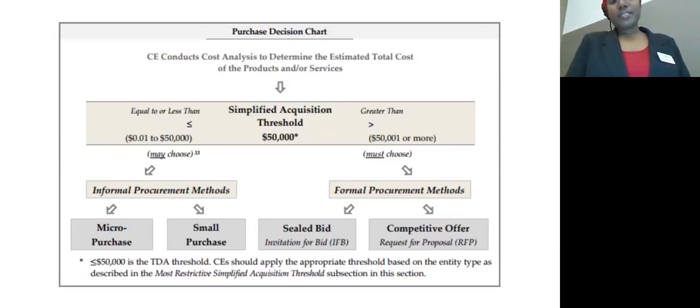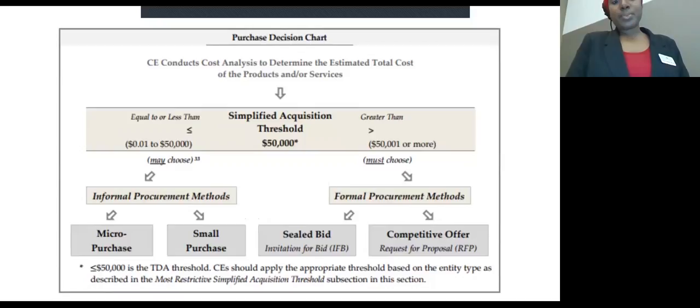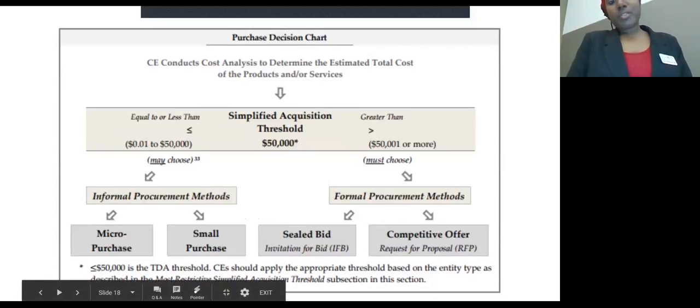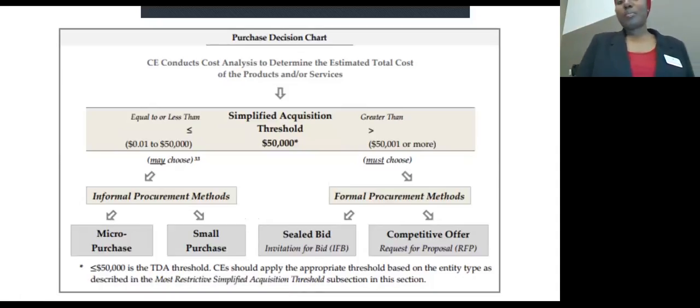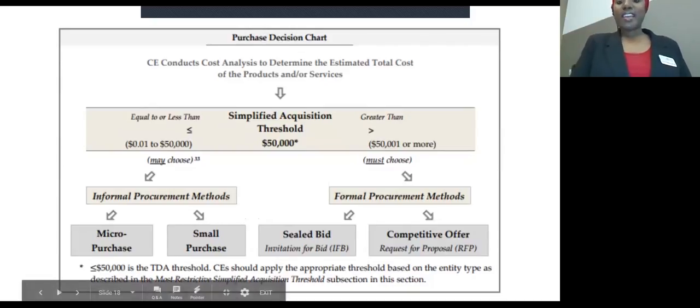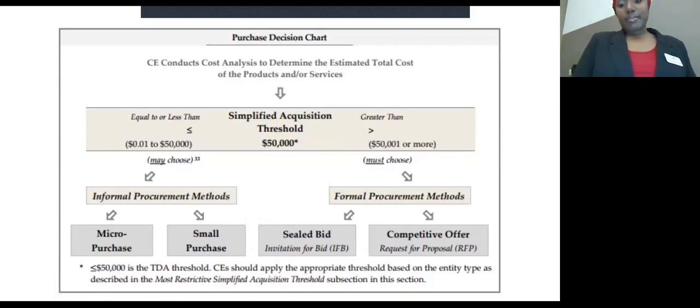But here you have it all split off into informal procurement methods going into micro purchase as well as small purchase. And then anything greater than $50,001 or more, or whatever your threshold is, at that standpoint you're going to split off into formal procurement methods, be it an IFB or an RFP.